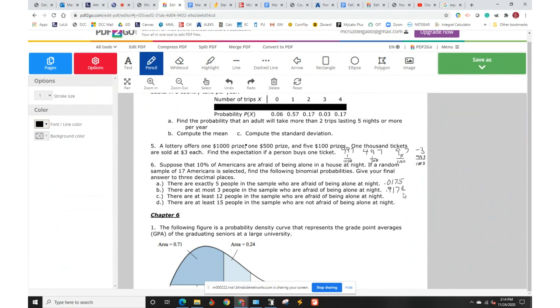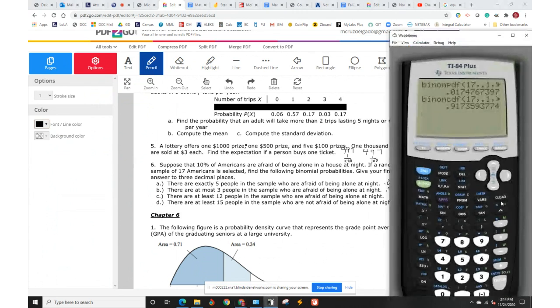Okay, at least 12. So think about what least means. That means 12, 13, 14, 15. So this one is going to be the complement, so we got to do 1 minus.